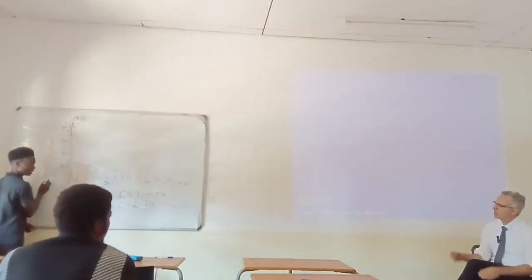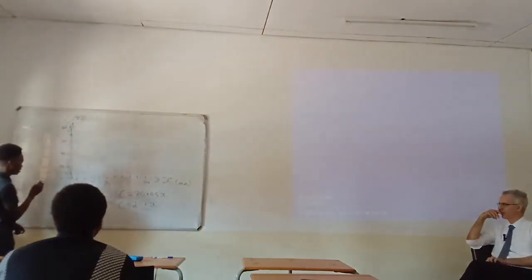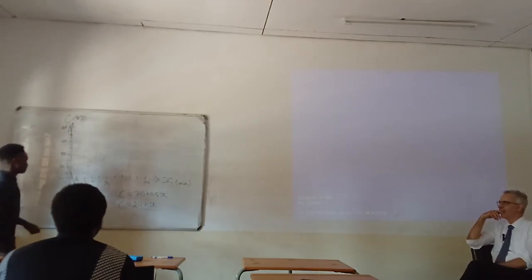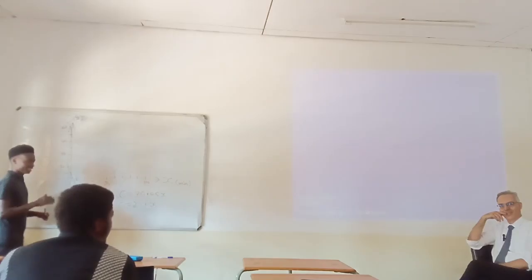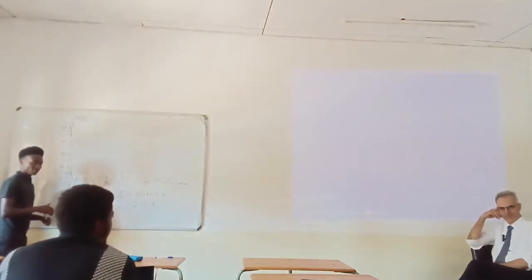Why is there a line going down? Are the slopes negative? Guys, how did you allow a negative slope?